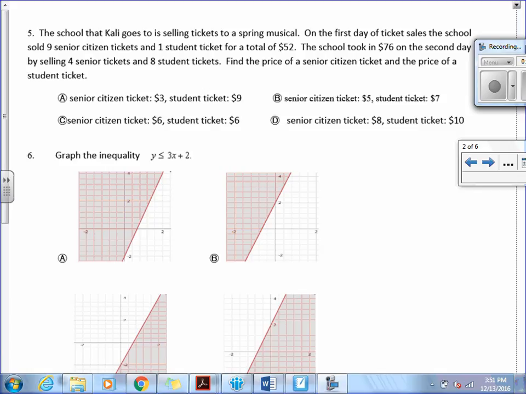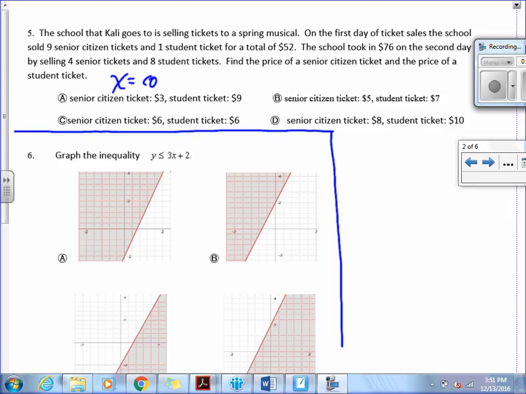So I have to write a system, and you may remember doing a problem just like this on our performance exam. So I'm going to let X equal the cost of a senior citizen ticket.